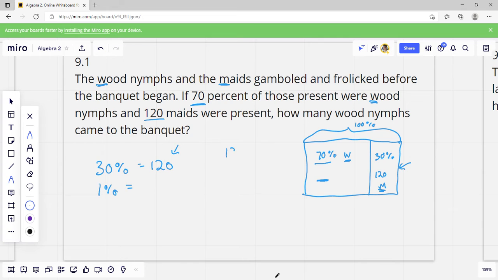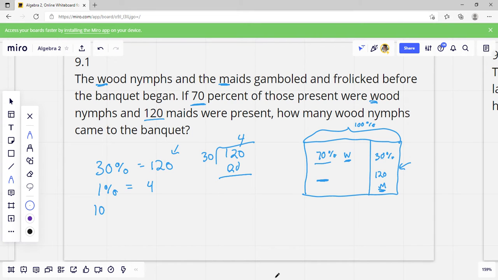So we say 120 divided into 30. 4 times 0 is 0, 3 times 4 is 12. So 1% is 4, okay?